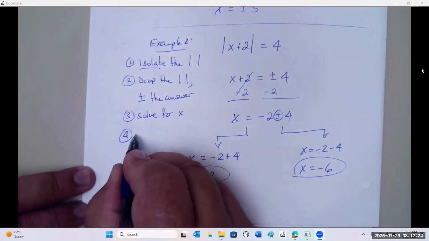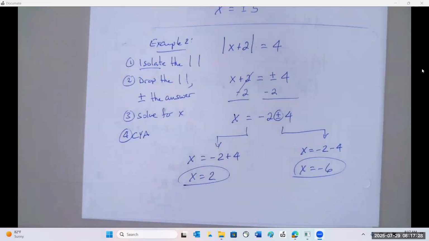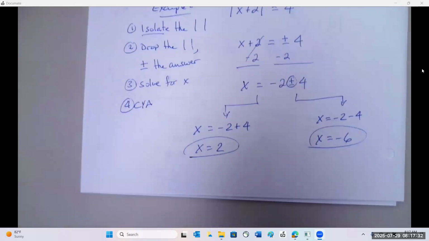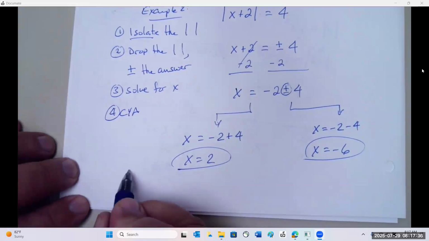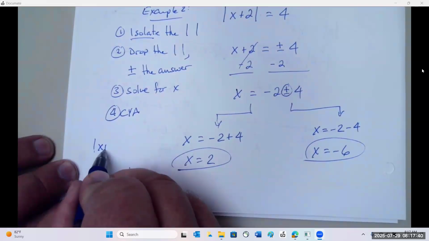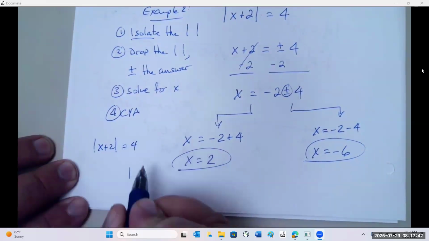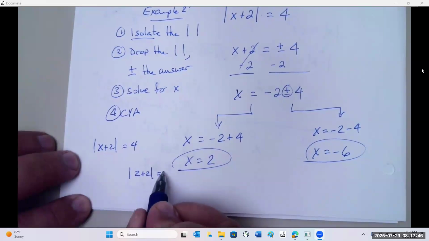And since we're in this part of the course, always check your answers. So we have absolute value. The equation is absolute value of x plus 2 is equal to 4. So my x is 2, 2 plus 2.